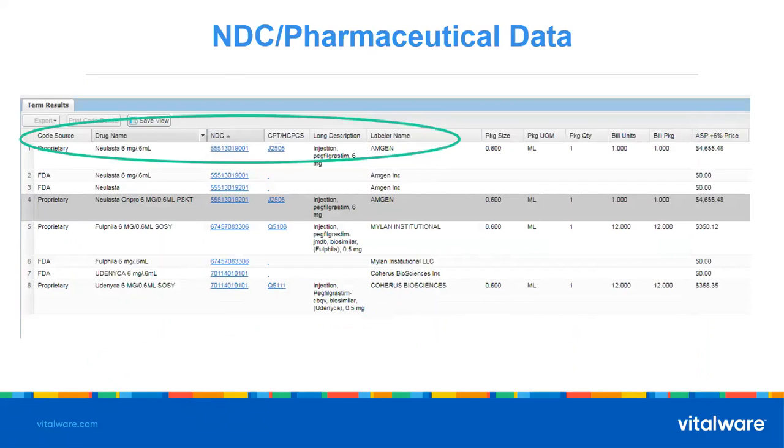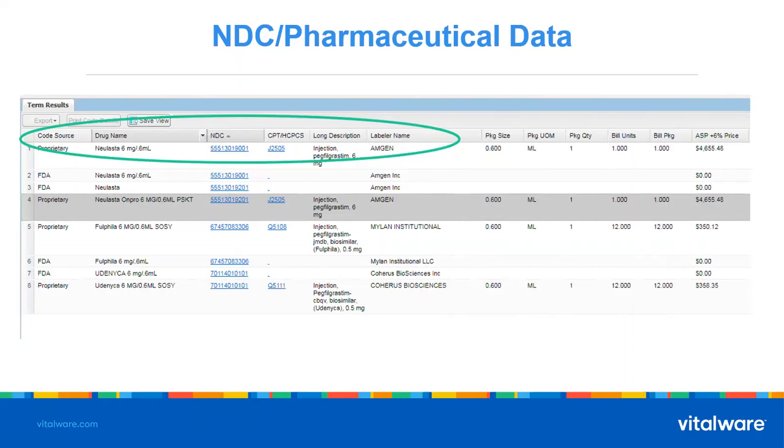Now, once you have queried for a specific drug or HCPCS or NDC, we're going to provide you with quite a bit of information around that particular NDC code. You can see we have two different sources here. We have a proprietary source that provides us with a lot of information in regard to individual NDCs, and then we also have information from the FDA.